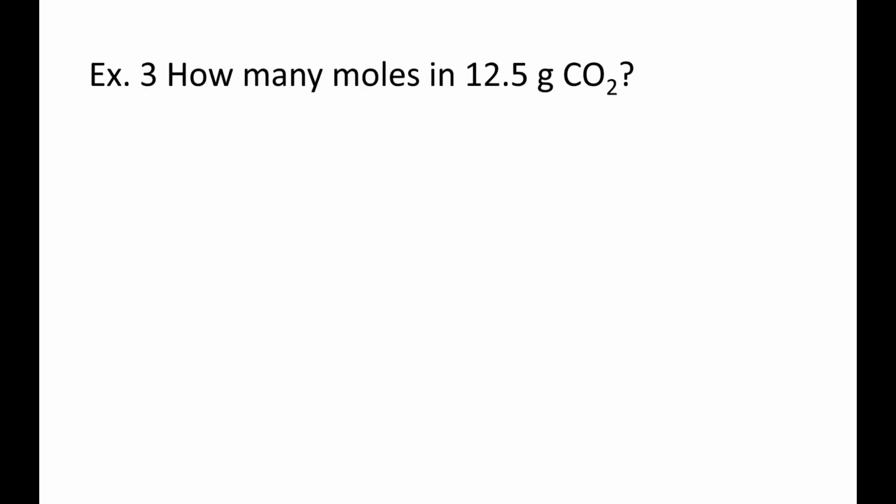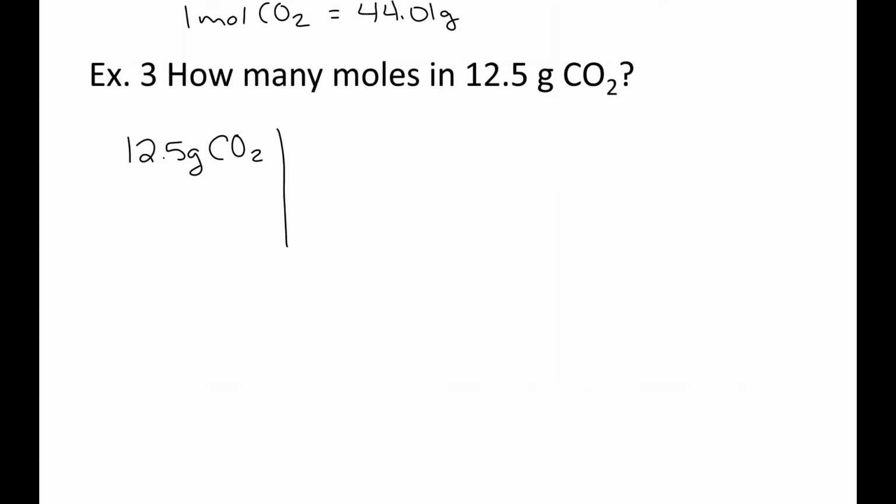Okay, this time we want to know how many moles are in 12.5 grams of CO2. So 1 mole of CO2, I'm going to add up 1 C plus 2 O's, and I get 44.01 grams. Okay, so I'm going to start out with 12.5 grams of CO2. Now if you look at the mole bridge, going from mass to moles, because grams is mass, you've got to divide by molar mass.